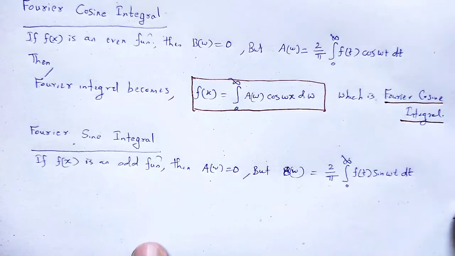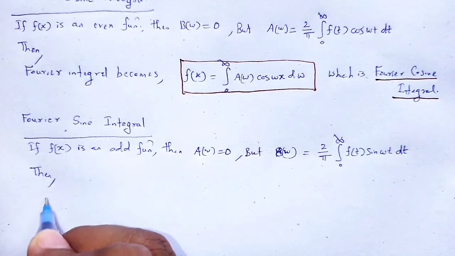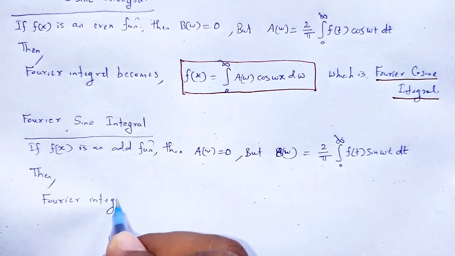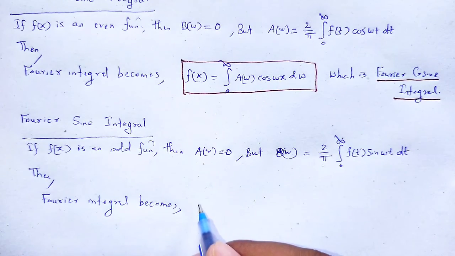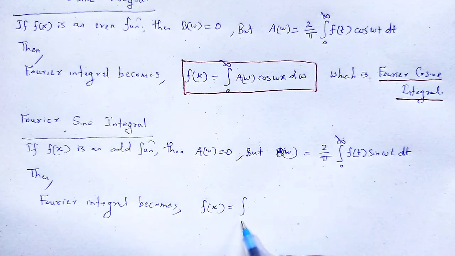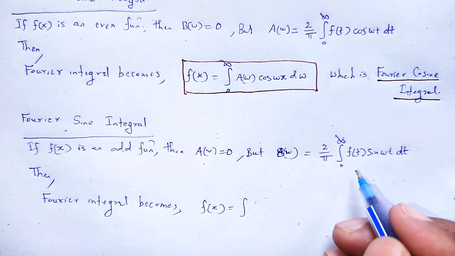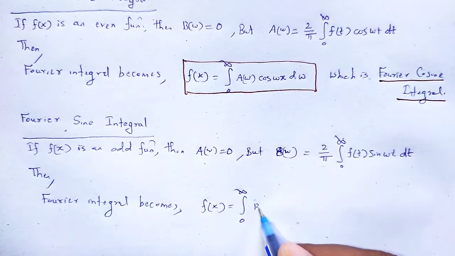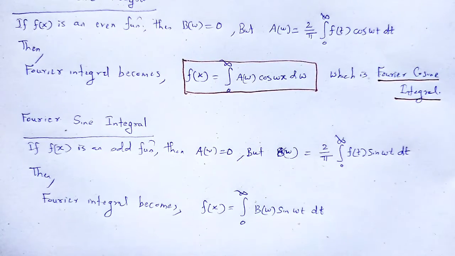So, the Fourier integral becomes f of x is equal to the integral from zero to infinity of b omega sin omega t dt.